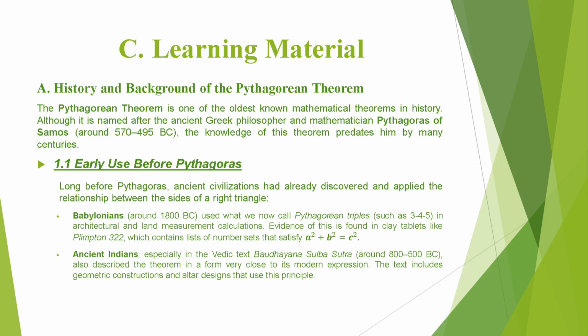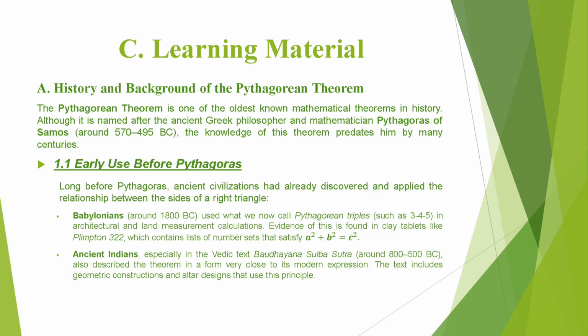Evidence of this is found in clay tablets like Plimpton 322, which contains lists of numbers satisfying a quadrat plus b quadrat is c quadrat.